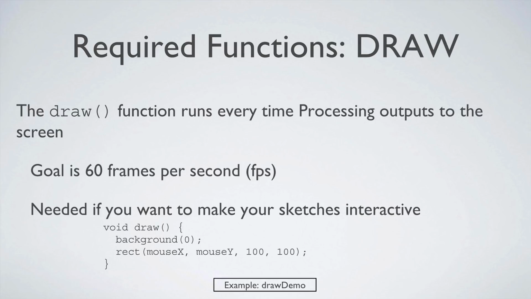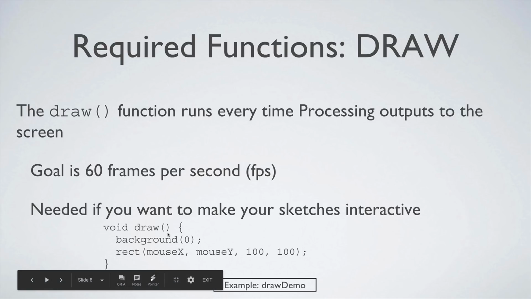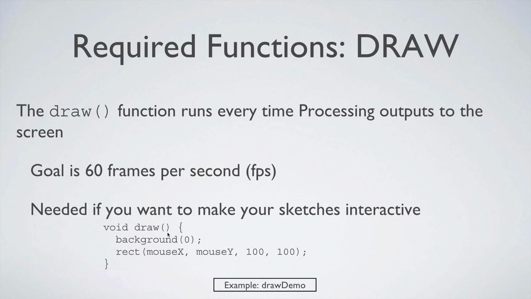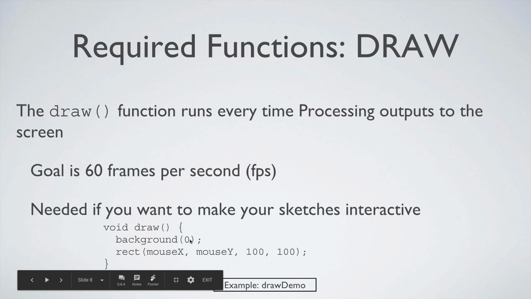The draw function runs every time Processing outputs to the screen, so every frame is drawn once per frame. If you have 60 frames per second, that means there's only a few milliseconds to draw each frame. If you want to draw new things to the screen, you want them to move and you don't want to draw over each time, you need to reset the background each time you draw.